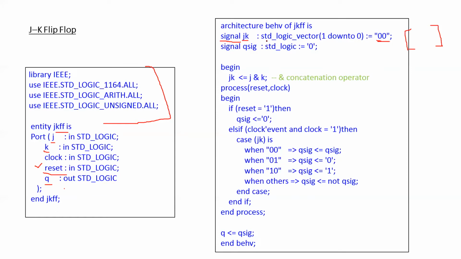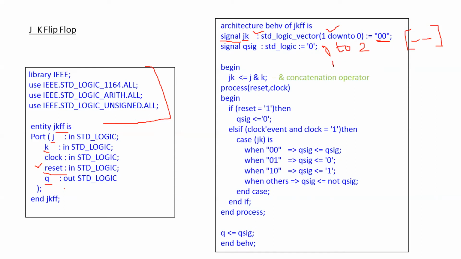So the number of elements this JK is carrying is 2, because 1 down to 0 simply means it is having 2 elements. We have all discussed this thing in detail. We have 0 down to a particular value, 0 down to 2 or 3. So 0, 1, 2, it can count up to 3 values.